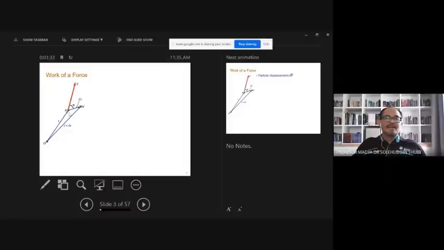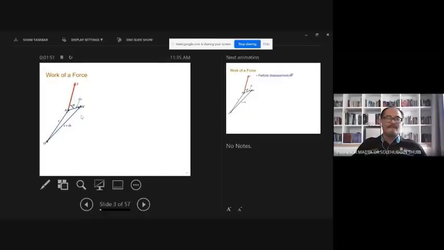This particle is moving from one location to another, which I name A prime. So the position vector of it will be R plus dr.